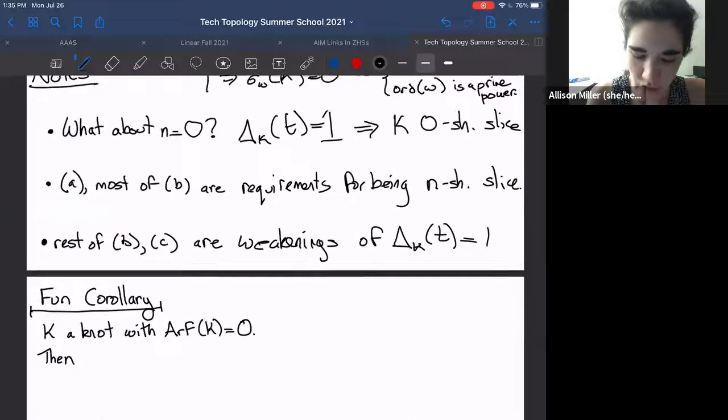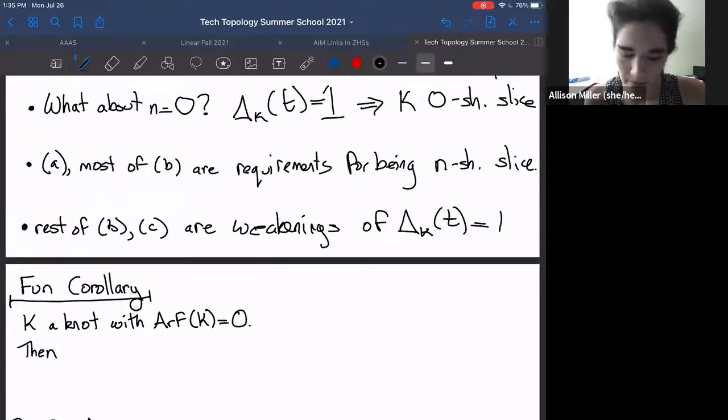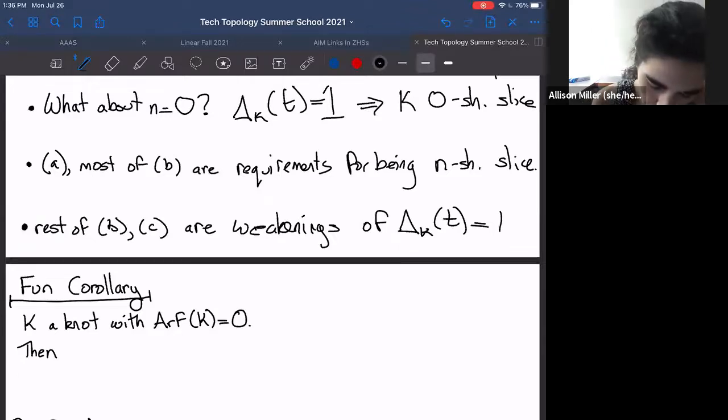Before we do the proof idea, which will include the fun picture, I promise, there's a nice corollary of this. So pick any knot with Arf invariant 0. This is, in a reasonably precise sense, half of all knots. So you could take a large connected sum of trefoils as long as it's even. You can get very, very non-slice knots in this fashion. And then take the (n,1) cable of it.